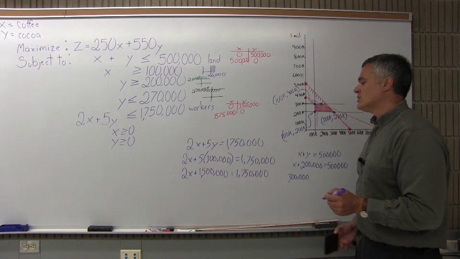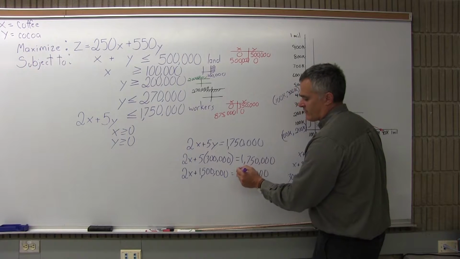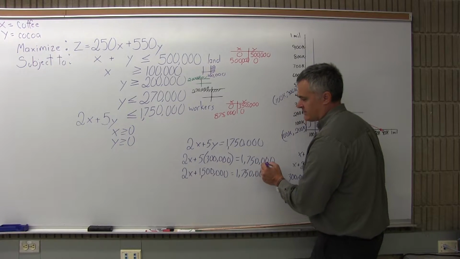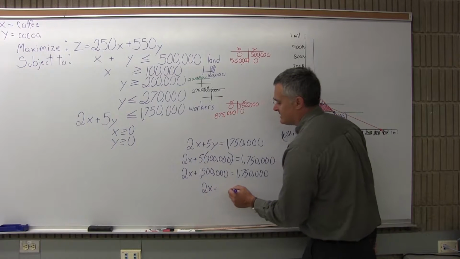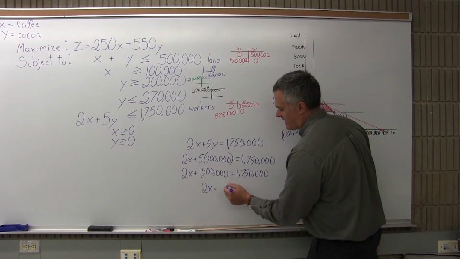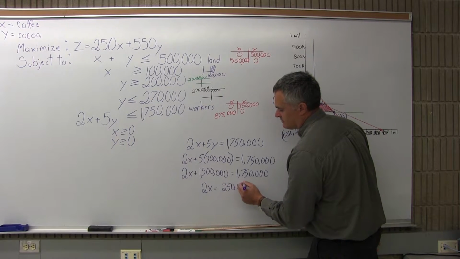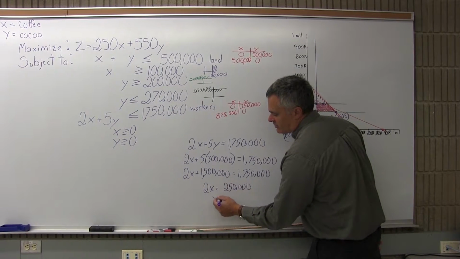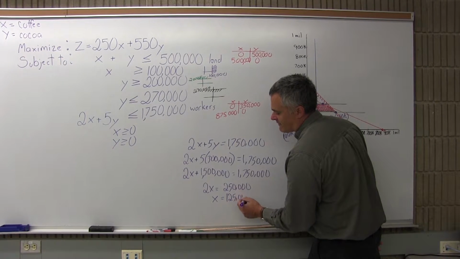So now, in order to solve for x, I want to bring the 1,500,000 over and subtract it away from the 1,750,000 that's on the right. So I will have 2x equals 250,000. And if I divide out the 2, then x equals 125,000.